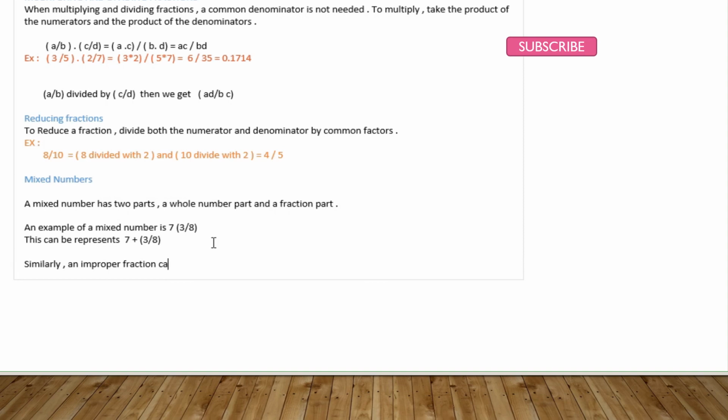An improper fraction can be written as a mixed number.